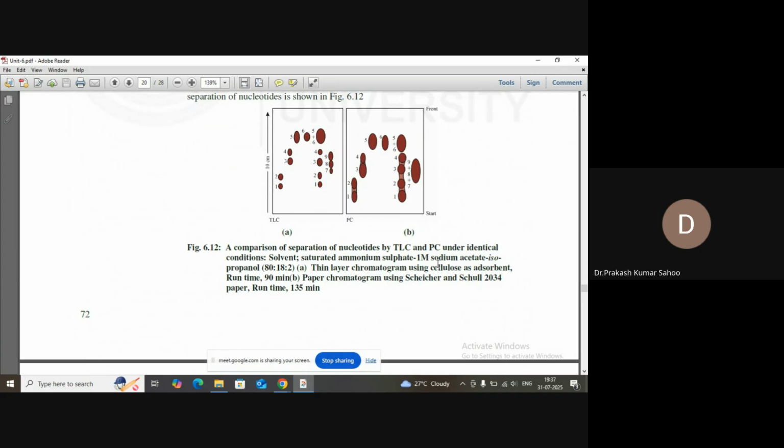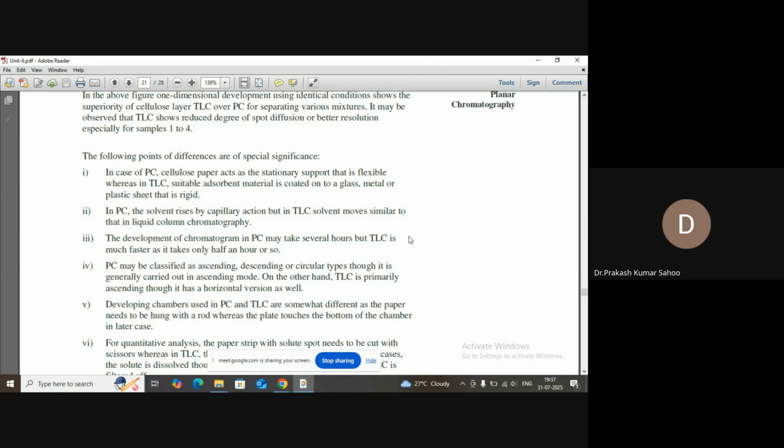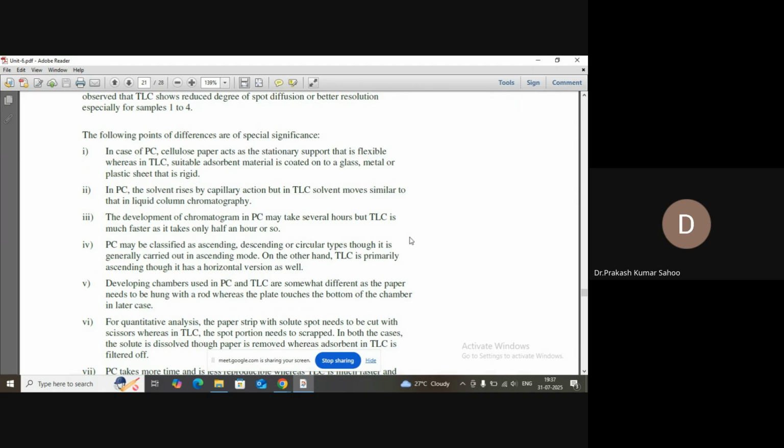The PLC plate is placed inside the chamber using a suitable solvent at the bottom, and PLC may be regarded as ascending chromatography, because the movement of components is from bottom to top. So the differential points: in case of PC, cellulose paper acts as the stationary support that is flexible, whereas in PLC, the adsorbent material is coated on a glass, metal, or plastic sheet which is rigid.